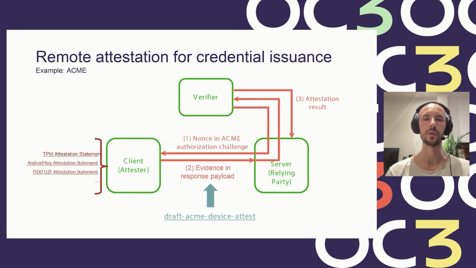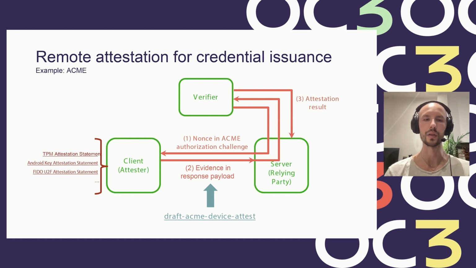Remote attestation comes in to fulfill a recent requirement stated by the CA/Browser Forum that demands stronger security guarantees for the security of the certified key pair. The exchange is kicked off by the verifier, which sends over a nonce through the relying party to the end entity. This nonce is conveyed in CMP or EST in a way that is defined in the document that you see highlighted above.